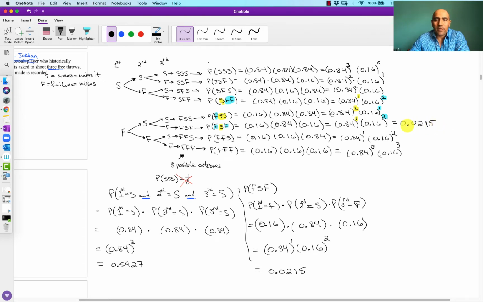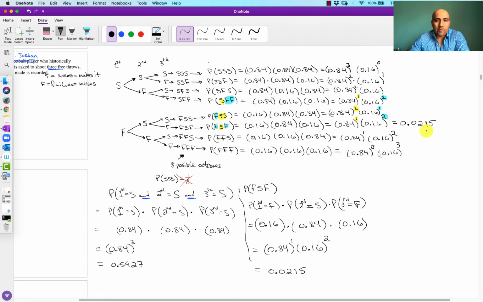This is the probability that this very specific situation happens: the probability that Michael Jordan fails the first shot, then he makes the second shot, then he fails the third shot. In this specific order, that is this probability.